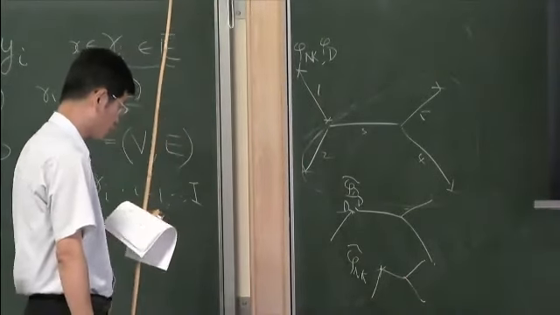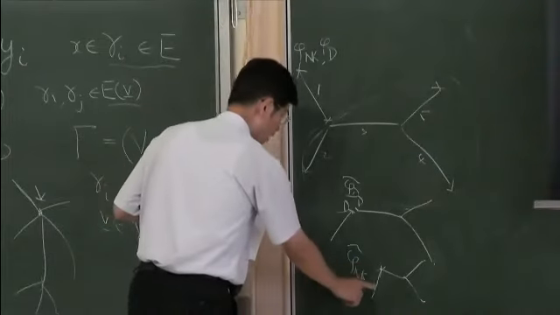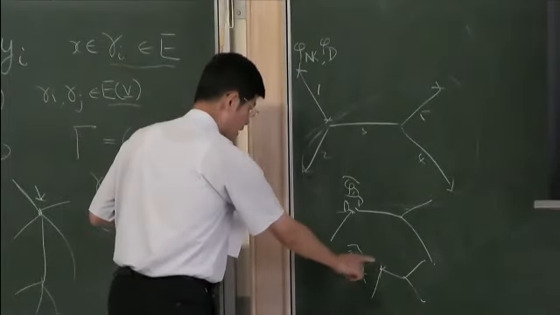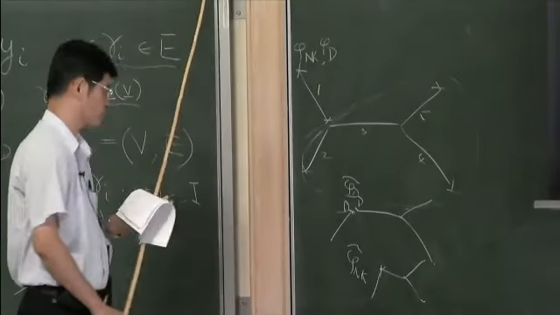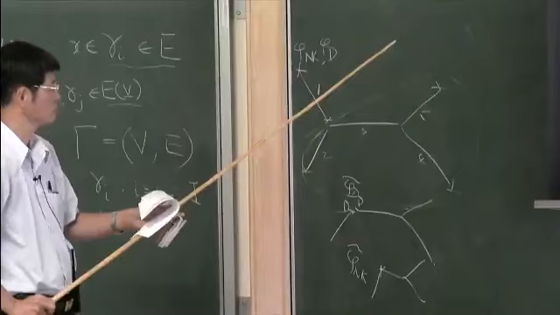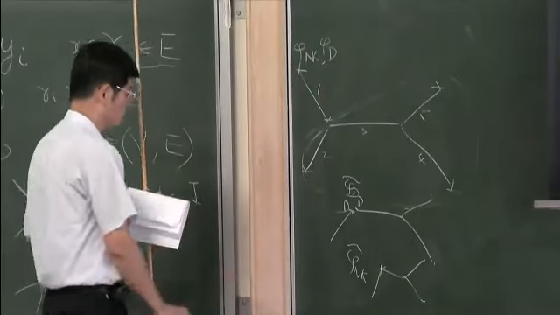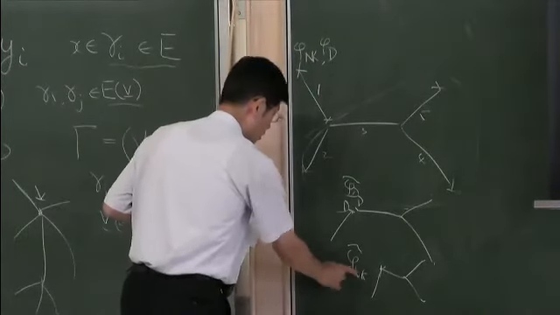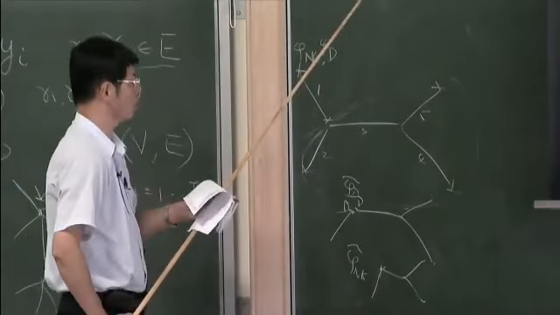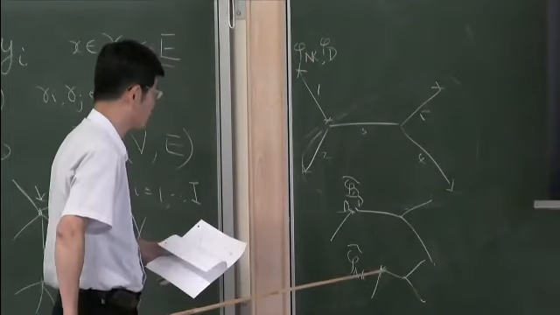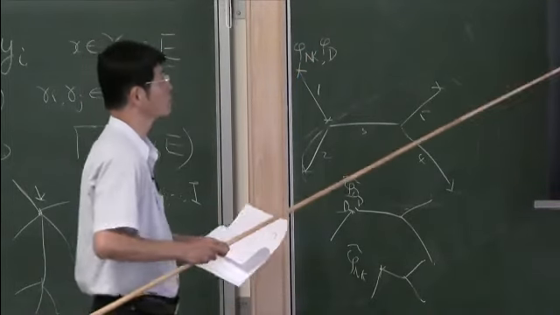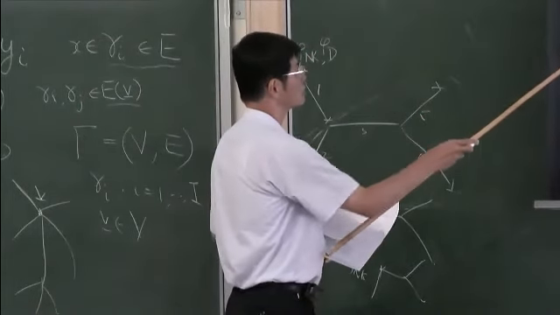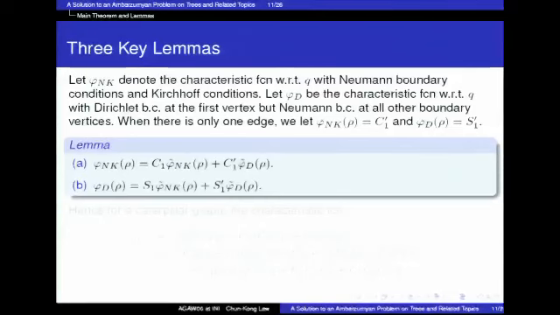It's in fact the Kirchhoff boundary condition here, because this is an internal vertex for this subgraph, and that's why we call it Neumann-Kirchhoff, because sometimes it's Neumann, sometimes it's Kirchhoff. This is the decomposition that we have.